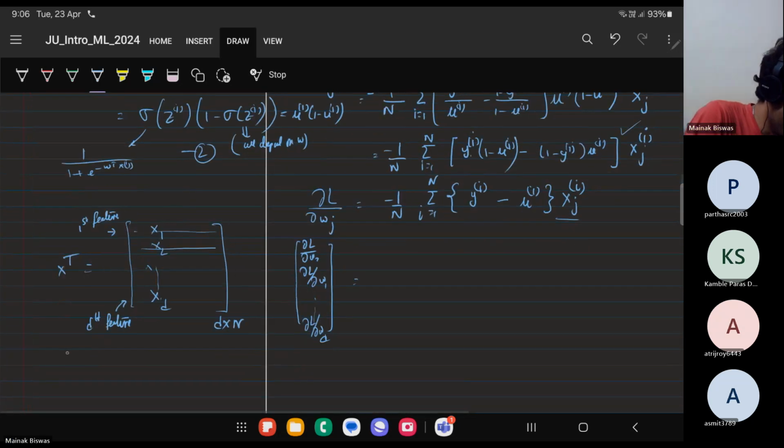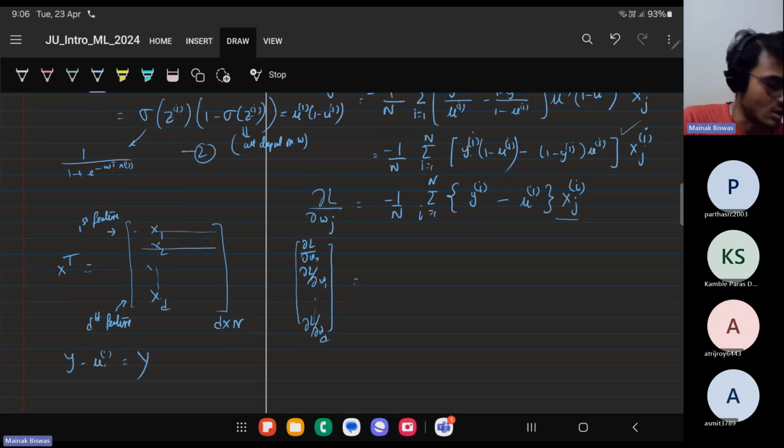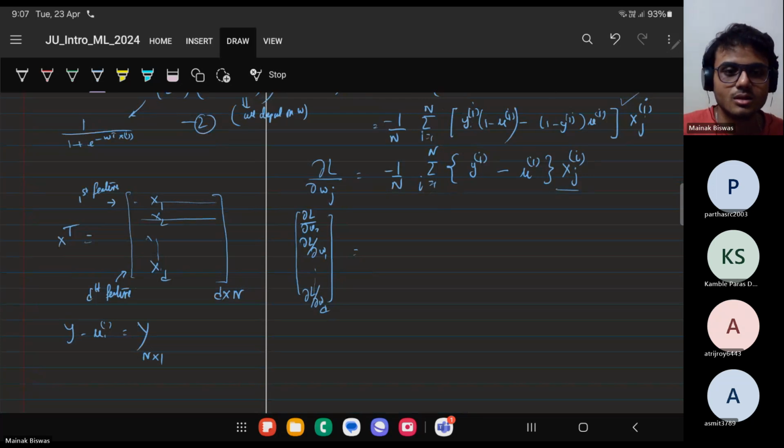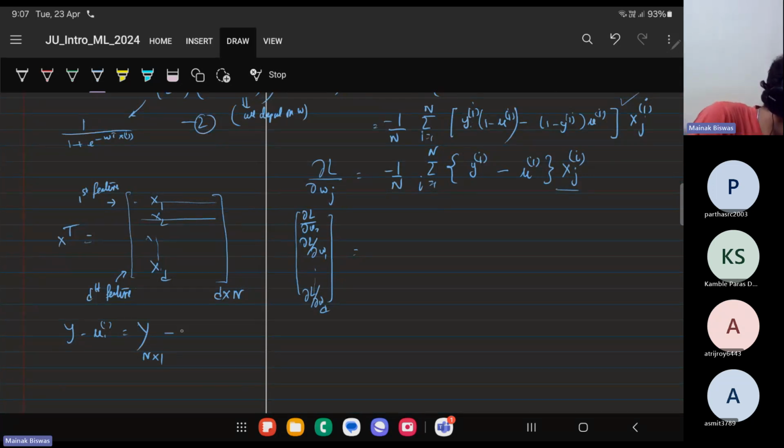Similarly, y minus mu will be what? Y is a vector. How many dimensions? N cross 1. Yes or no? Minus sigmoid of w transpose x. X is n cross what? N cross D, and w is D cross 1.